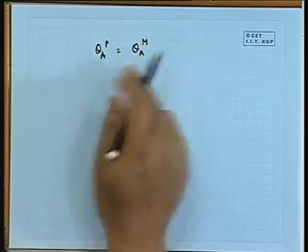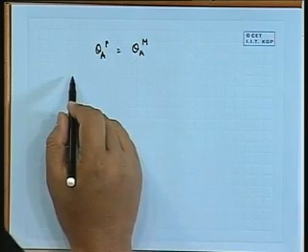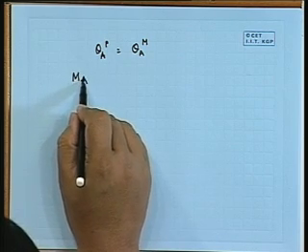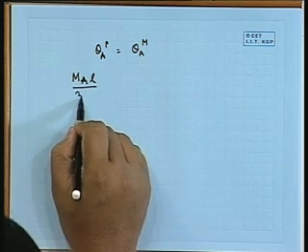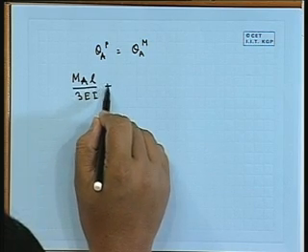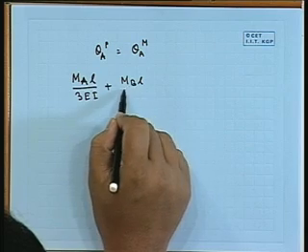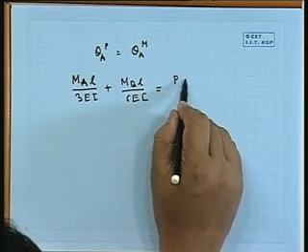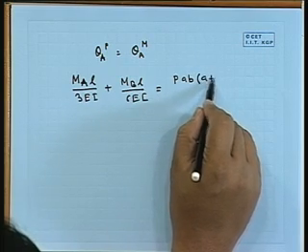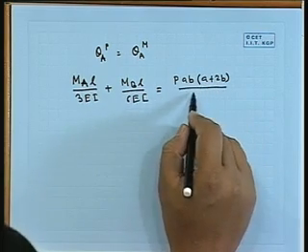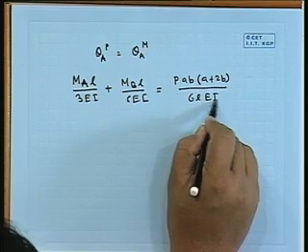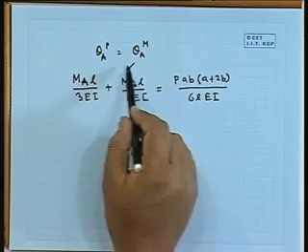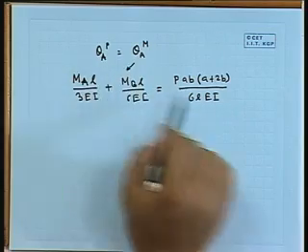So if we write it on the left side, it will be MA L by 3 EI plus MB L by 6 EI, and that equals P A B (A + 2B) divided by 6 L EI. So definitely this part is on the left side, and this is on the right side.